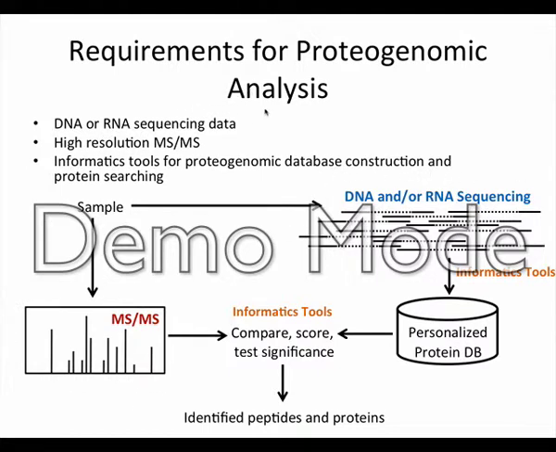Using the sequencing data and informatics tools that we'll discuss, you can create a protein database based on the DNA and RNA. So not the reference database, but something that actually takes the DNA and RNA information and determines hypothetical proteins that are going to be in that sample. And then you compare your mass spectra to this database to identify peptides and proteins within that sample.